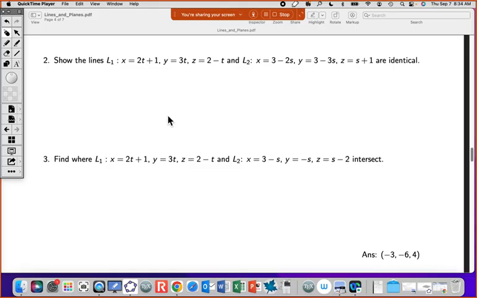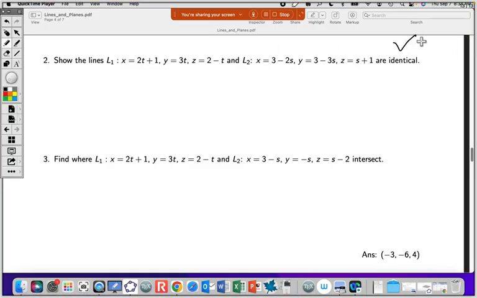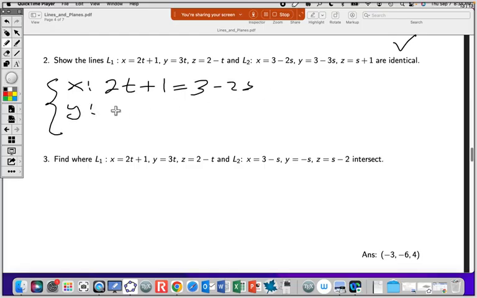Show the lines L1 and L2 are identical. We did one like this yesterday. What you would do to get started is, once again, set the components equal to each other. 2t plus 1 is 3 minus 2s. 3t is 3 minus 3s. 2 minus t is s plus 1.